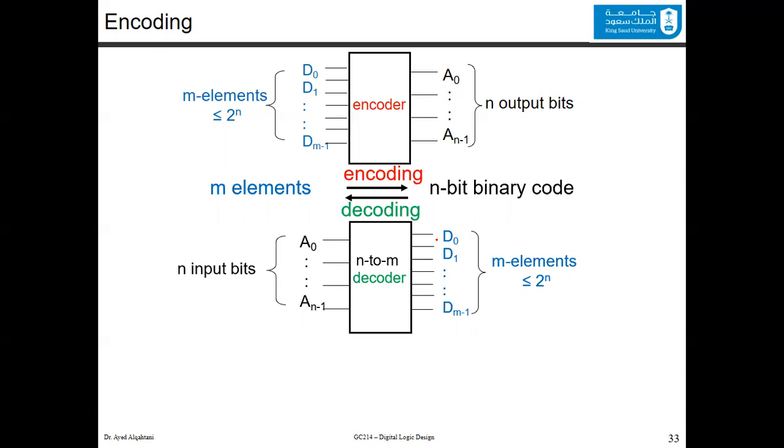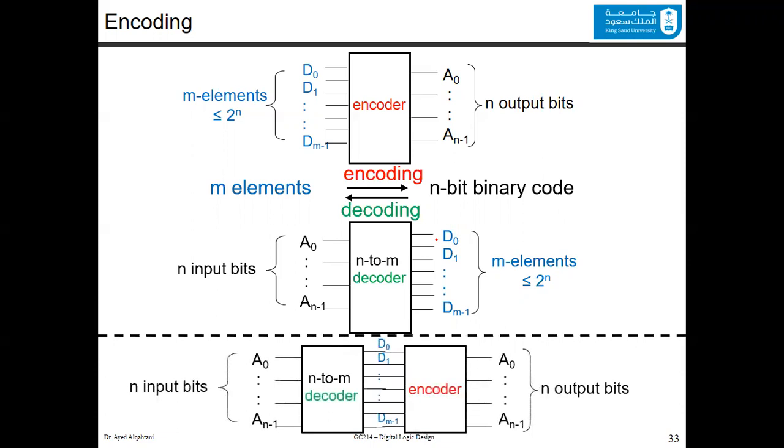And that's why if you connect both of them together, if you have a decoder generating D data lines, the encoder will accept these data lines as inputs and it will generate the original inputs as outputs over here after the encoder.